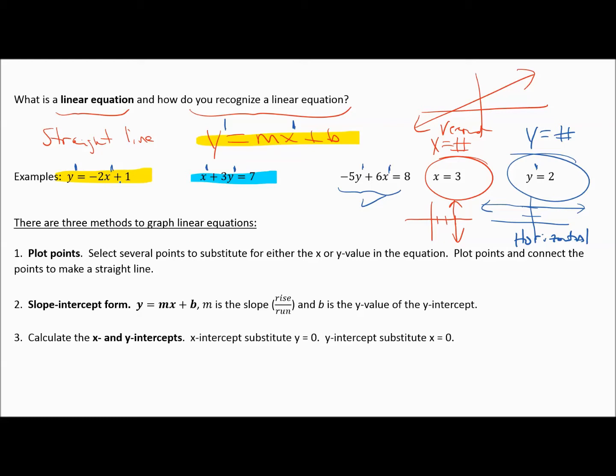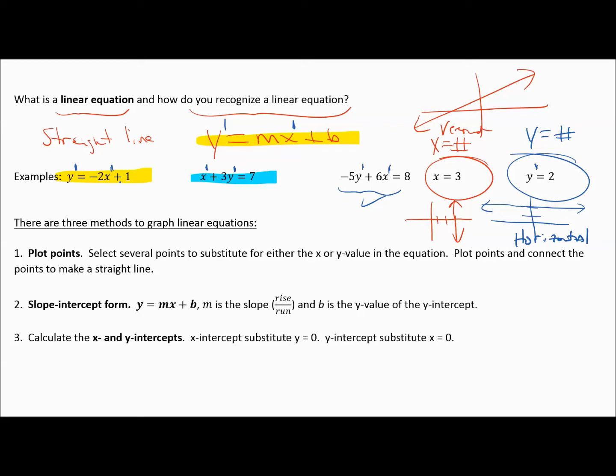Okay? All right, now there are 3 methods to graph linear equations. We're not trying to introduce 3 different things to confuse you. Fact is, some equations graph easier using one method, and some graph easier using a different method. All 3 methods are valuable. You should know how to graph using all 3 methods.